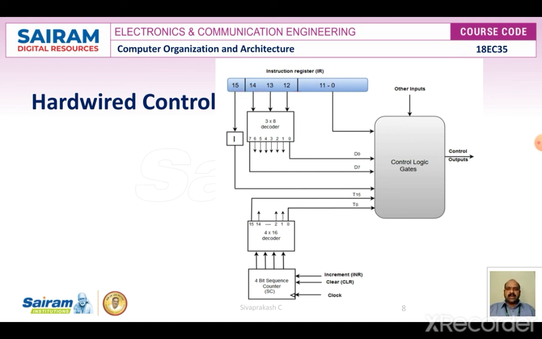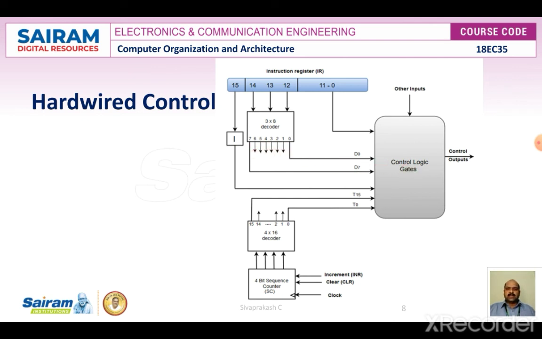Here the I bit, the operation code bit, is present in the 15th bit of the instruction register as I. The operation code in bits 12, 13 and 14 is decoded with a 3x8 decoder, whose outputs are designated by the symbols D0 to D7 going to the control logic.